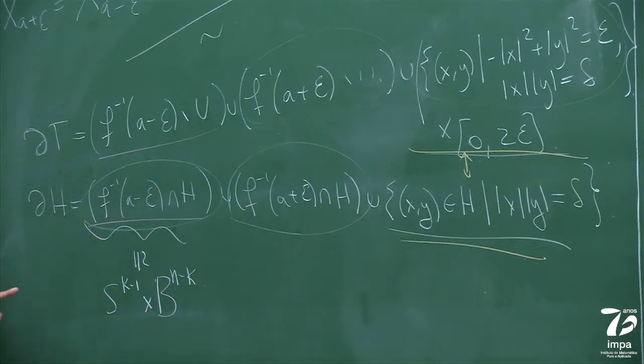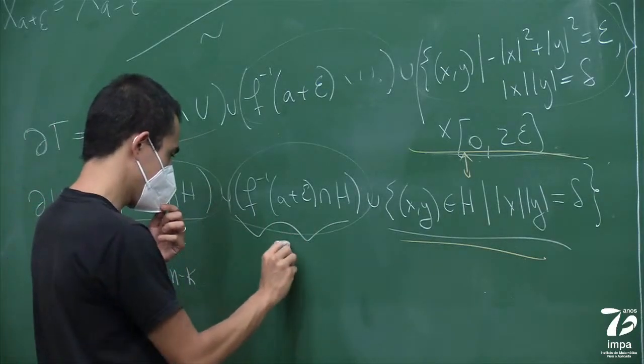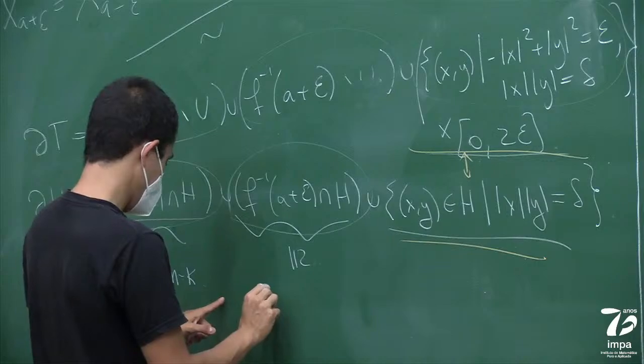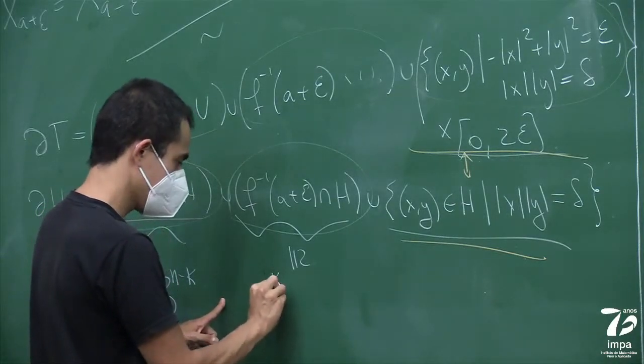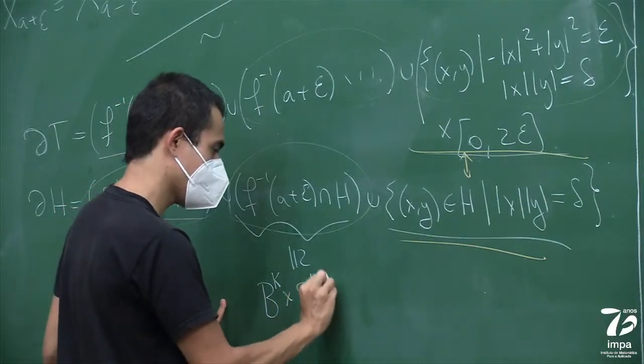I think I did do this calculation last time. And this part here is diffeomorphic to a B^k times an S^(n minus k minus 1).